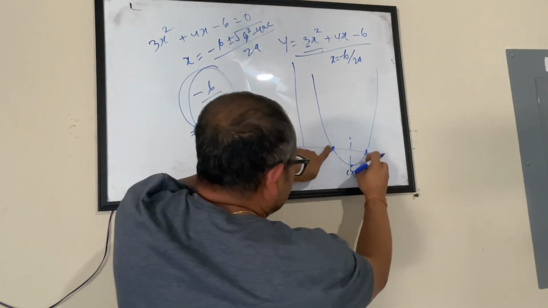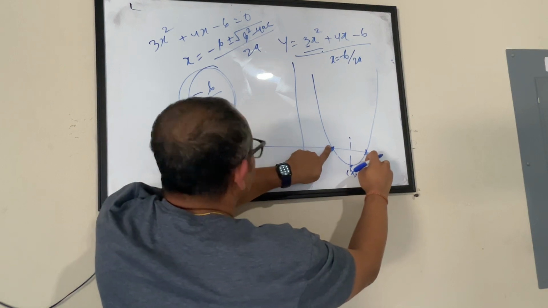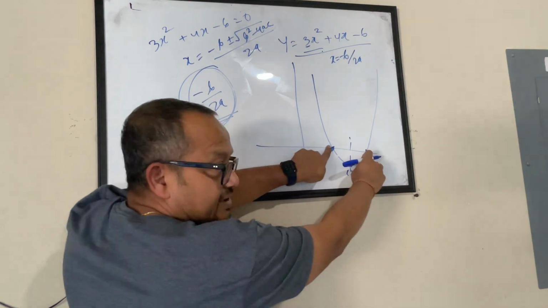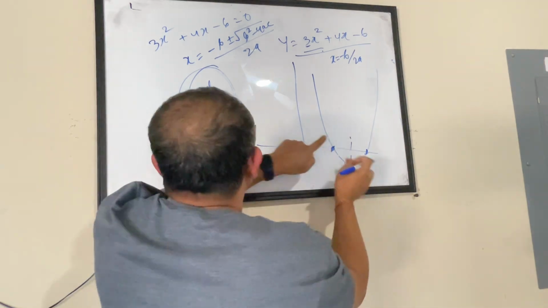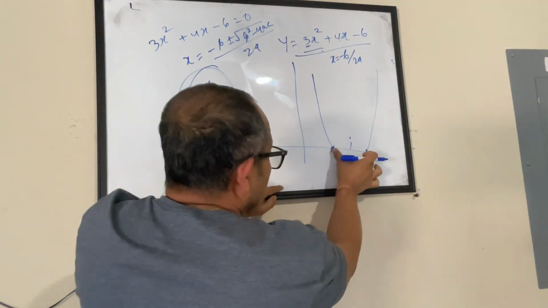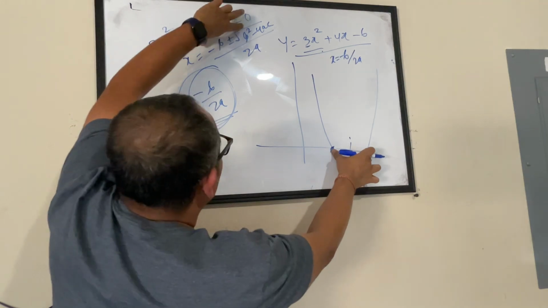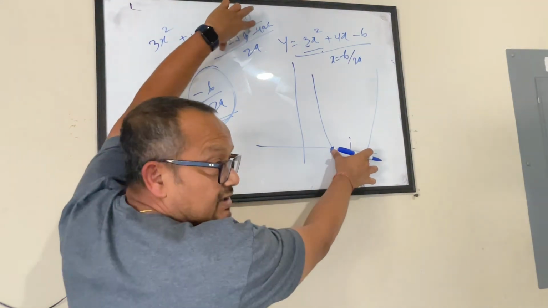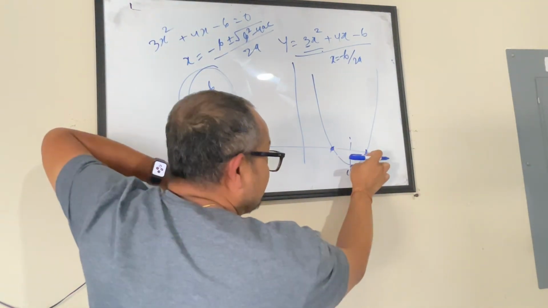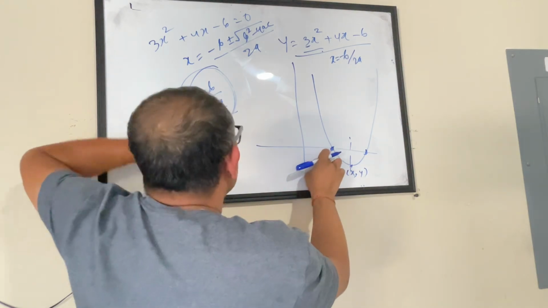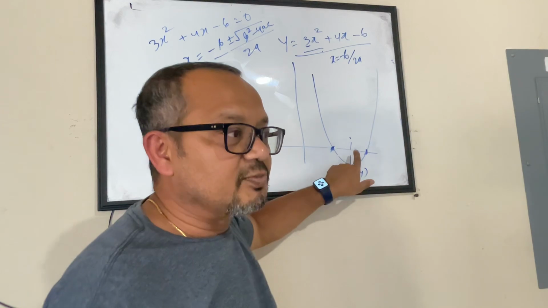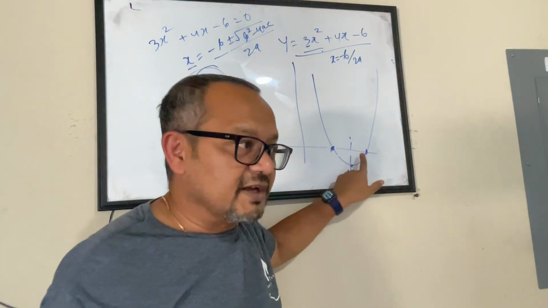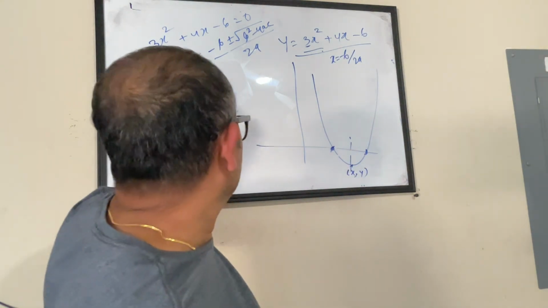For these two places, whatever my x coordinates are, this plus this divided by 2. Here I should ideally be solving for b squared minus 4ac, get two values of x from these, and then whatever the two values of x are, that should be divided by 2 to get this point's x coordinate. It should not be minus b by 2a.